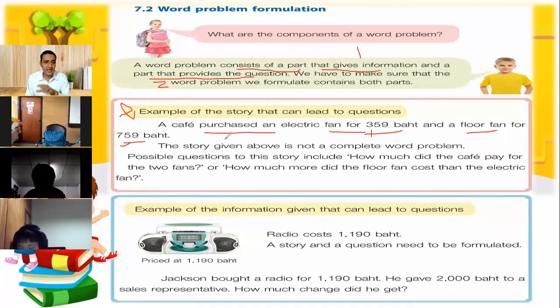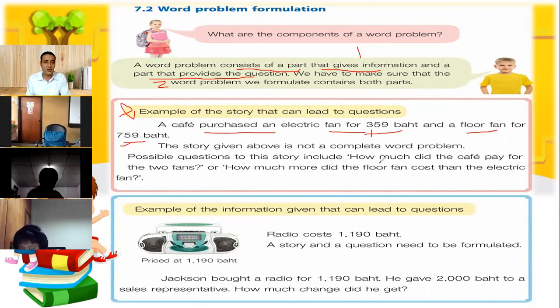So the story above is not a complete word problem. Possible questions for this story include: how much did the cafe pay for the two fans? Or how much more did the floor fan cost than the electric fan? So what questions can we make from this information?